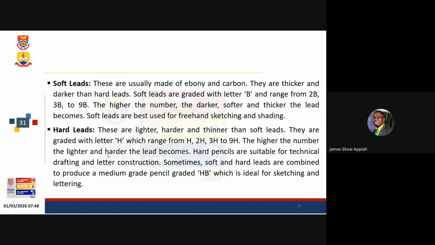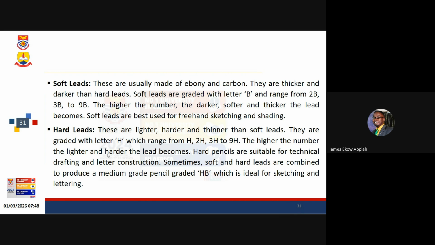Yes, as you were discussing, for the B pencils, the clue here is that they are very soft and very dark, whilst the H pencils are very hard and very light.